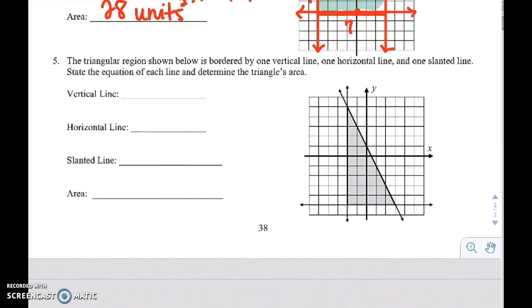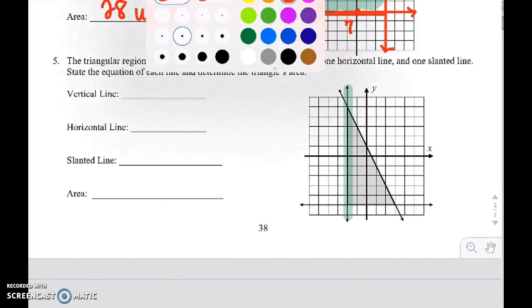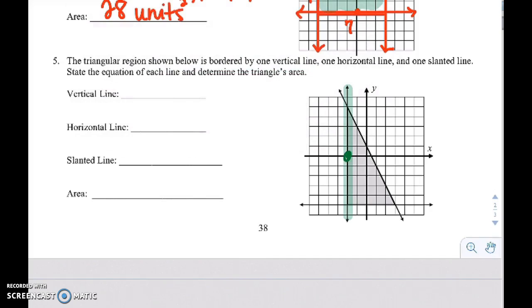And number 5, kind of going backwards here. We have our lines graphed. We have our triangle. We're going to name these lines and then give the area of the triangle. So the vertical line, I'll do in green, is this line right here. Where does it hit that x-axis? At negative 2.